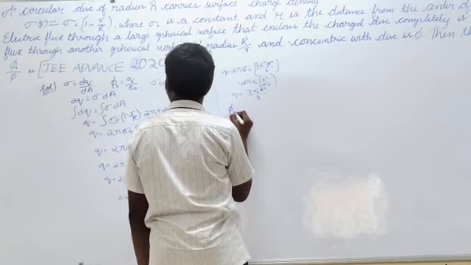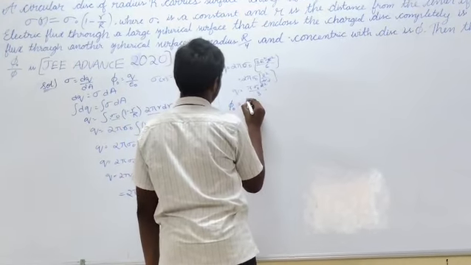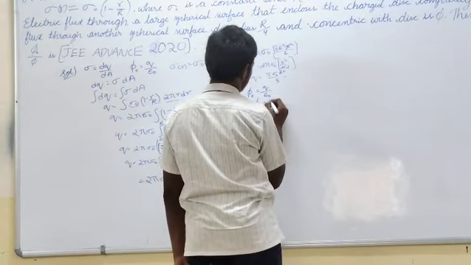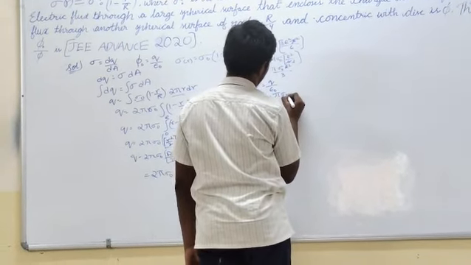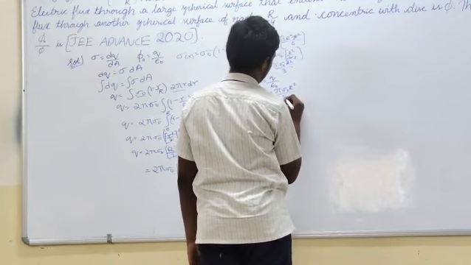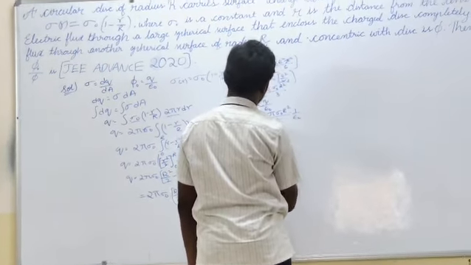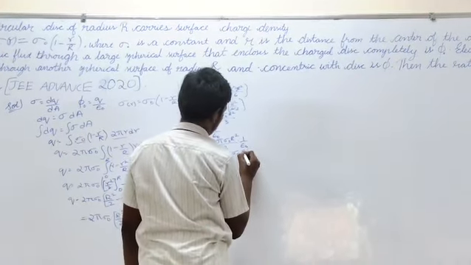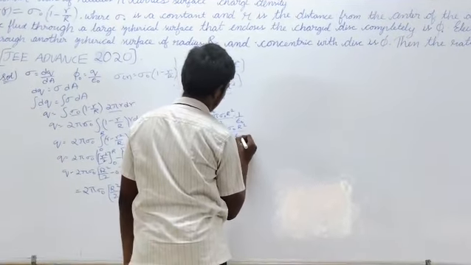Flux phi naught is equal to Q by epsilon naught, where Q is equal to pi sigma naught R square by 3 into 1 by epsilon naught. So phi naught is equal to pi sigma naught R square by 3 epsilon naught.